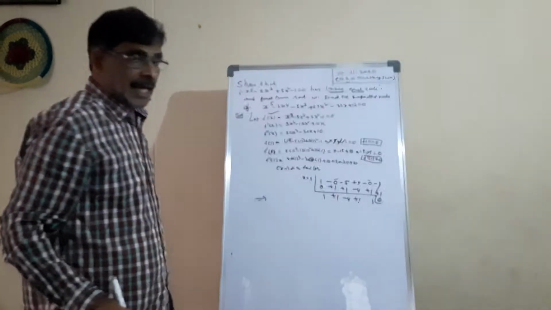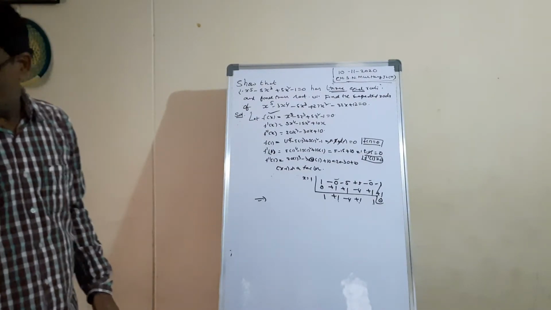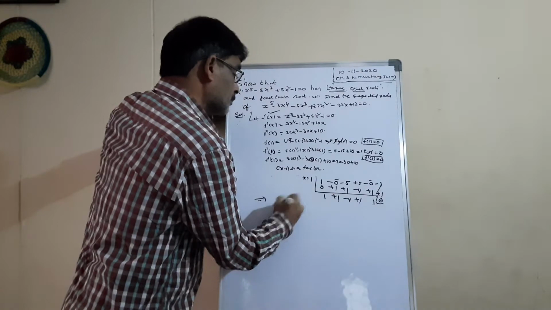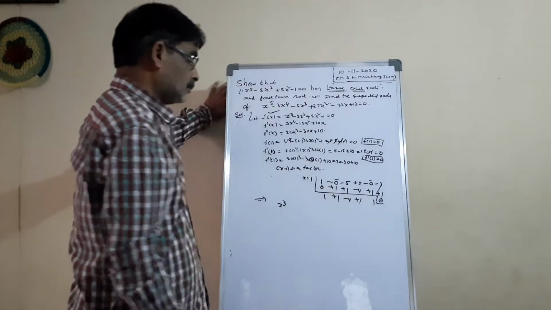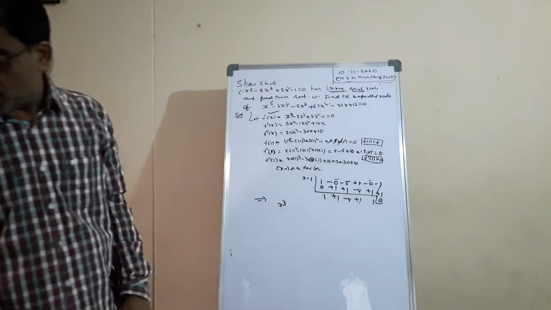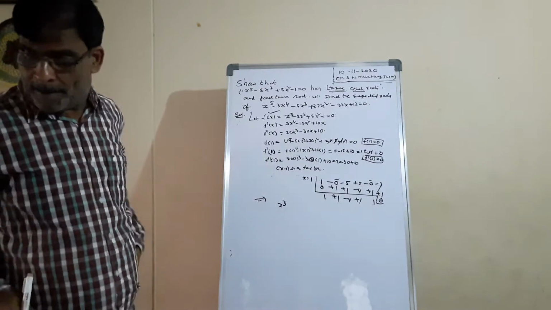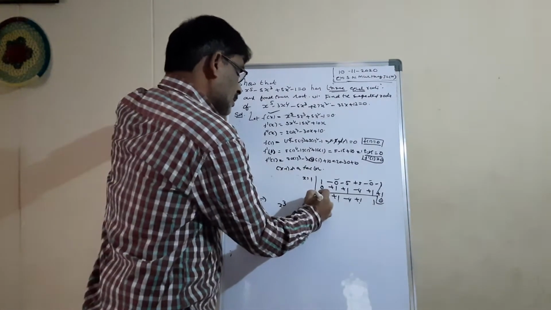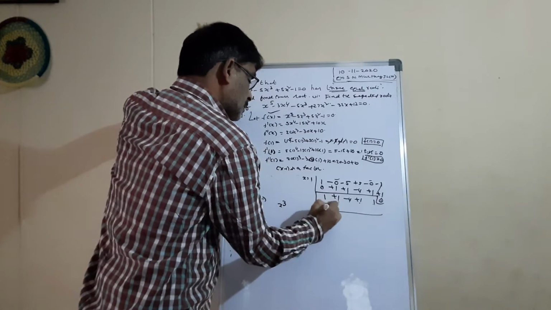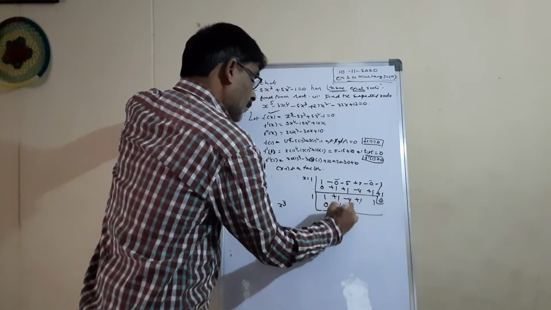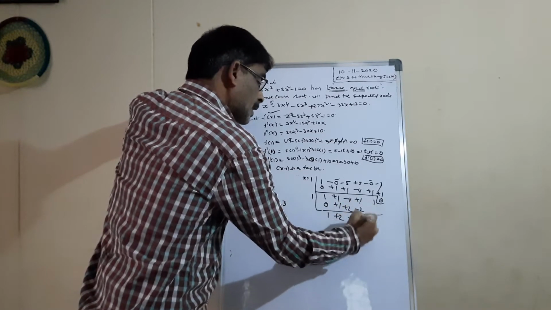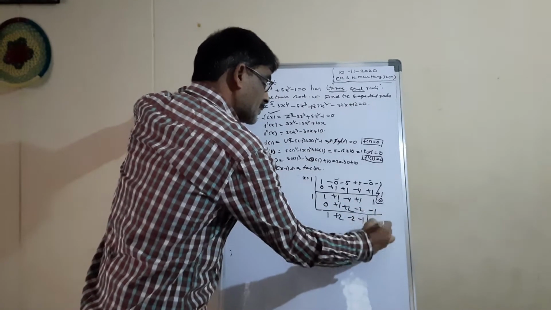See, the equation is x cube. Once again, divided by 1: 1, 2, minus 2, minus 1, cancel.